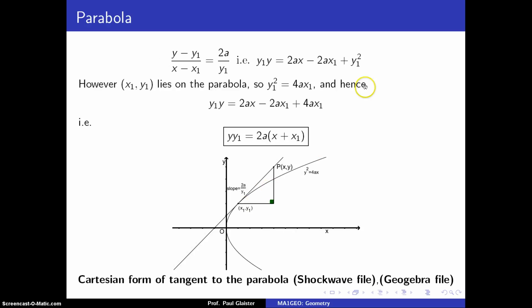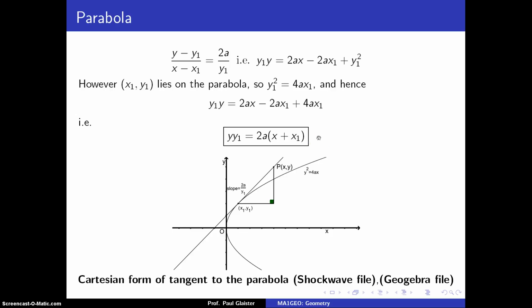If we rearrange that as shown here in exactly the same way as when we had the circle, we could eliminate the equation for the circle. We also know that y1 squared is 4ax1 because (x1, y1) lies on the parabola. In other words, we can get rid of the y1 squared and we get this Cartesian equation.